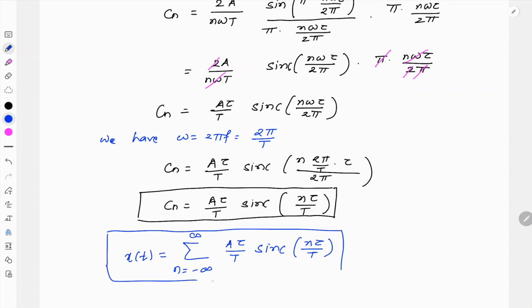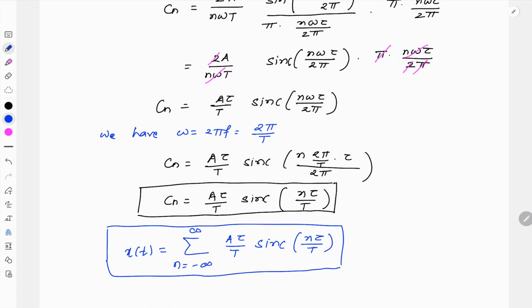Now the next part in this exponential Fourier series is to find out the spectrums. Before solving the spectrum, there is one term missing in this x of t equation. So here it is Cn into e raised to j n omega t. This term has to be written always. So this becomes x of t equation.